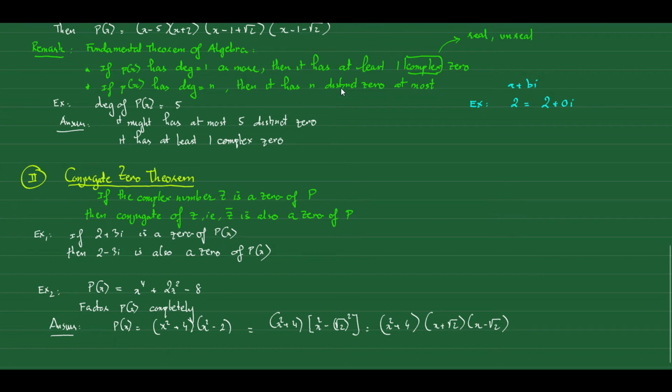It just says n distinct zeros. I mean, over here actually you can say it has n distinct complex zeros, because Gauss means the complex here to mean real and unreal. But the thing over here, you see that this is also real, right? But it's not rational. So you have to understand the fundamental theorem by Gauss carefully.